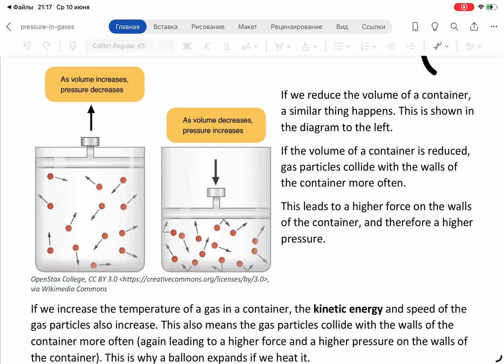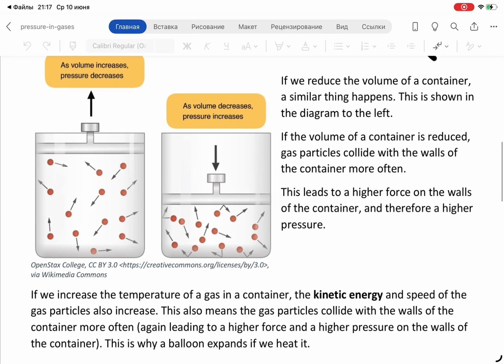So what happens if we reduce the volume of the container? A similar thing happens, as shown in the diagram on the left. If the volume of the container is reduced, gas particles collide with the walls more often, which leads to a higher force on the walls of the container, and therefore higher pressure.